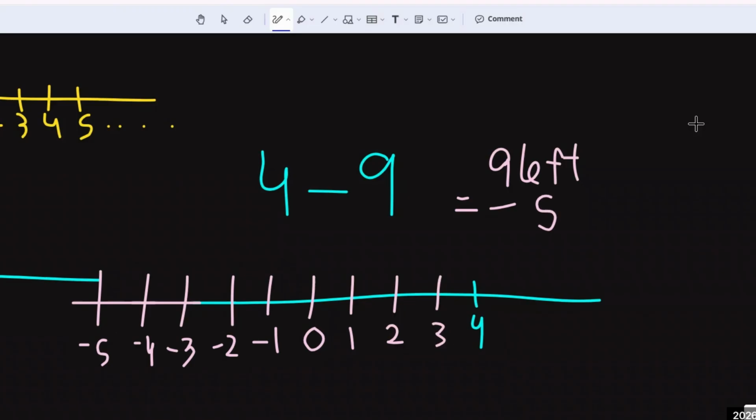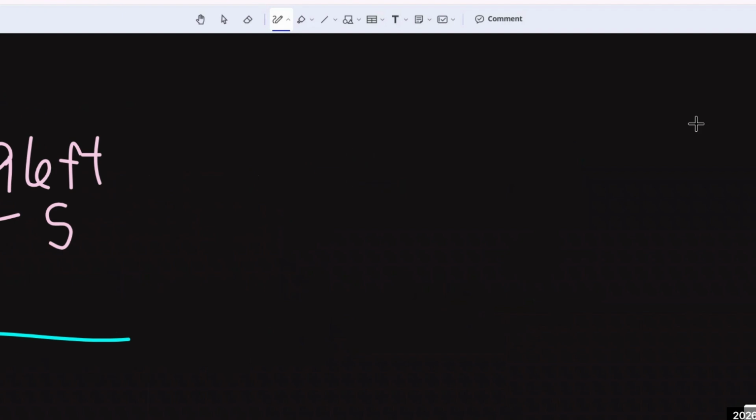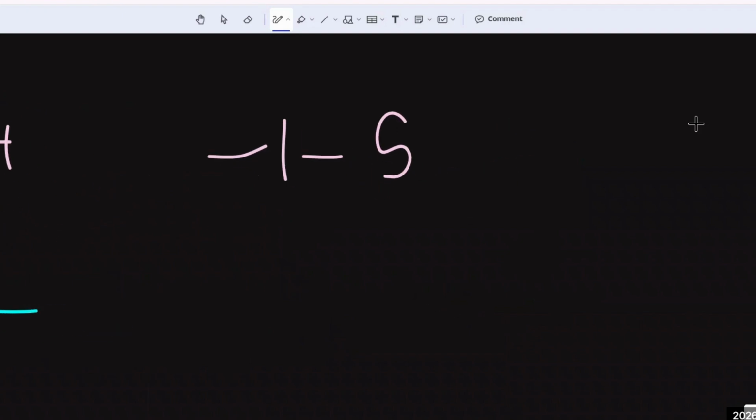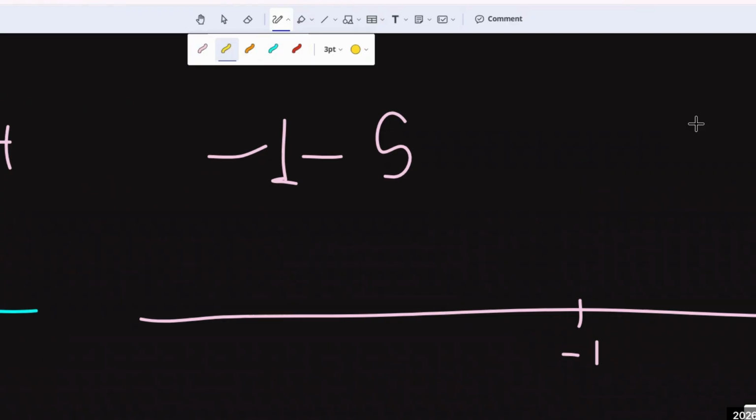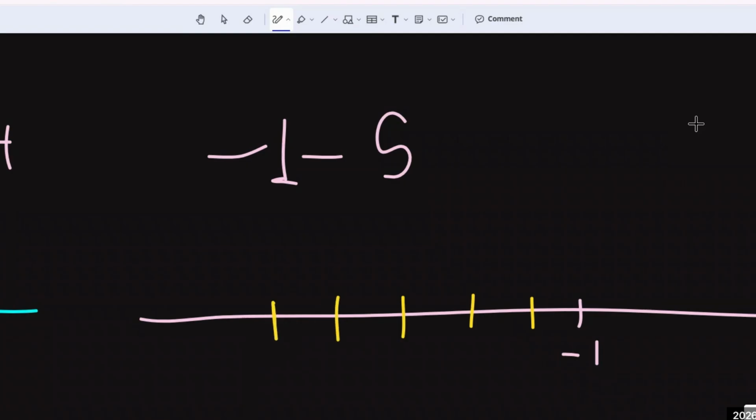Okay. Let's try the question -1 -5. First digit is -1. You need to plot the first digit on the number line. I plotted. Now -5, which means you need to go 5 units left. So look here, 1, 2, 3, 4, 5. I'm just going 5 units left. Why? Because it is -5. Now look, this is -1.